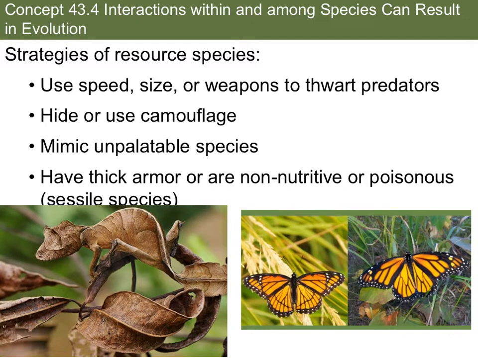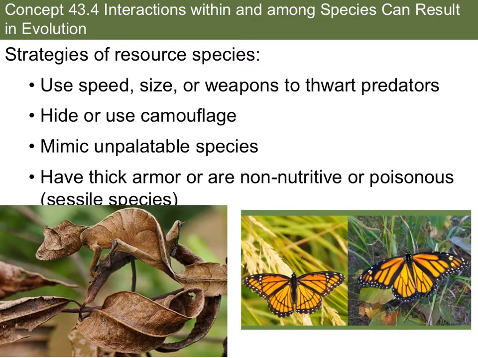They can also have weapons. This is where you get your colorations, your aposematic colorations, to tell predators, don't eat me. I can either harm you with something like a porcupine needle, or I can harm you with a particular terrible smell.